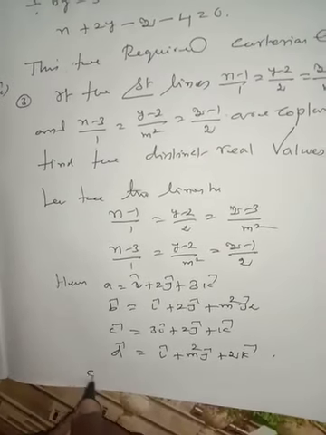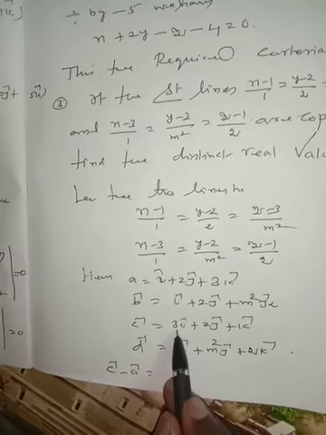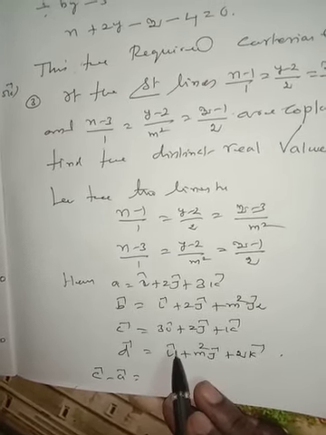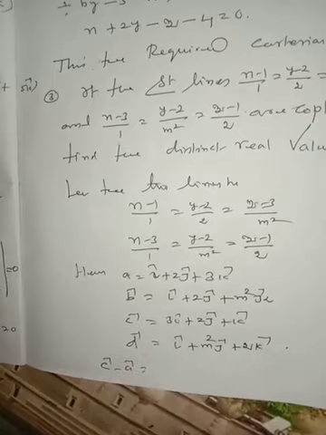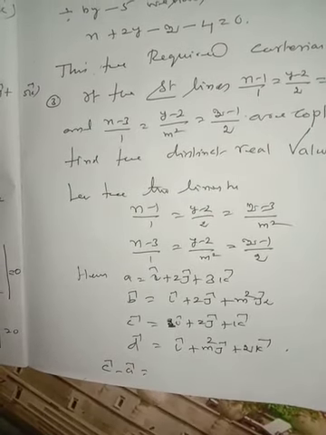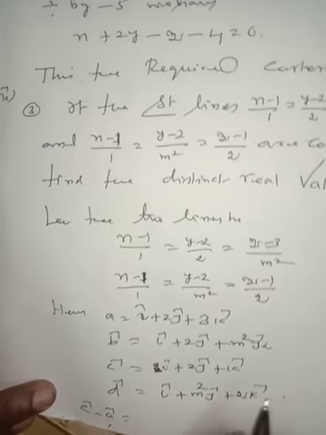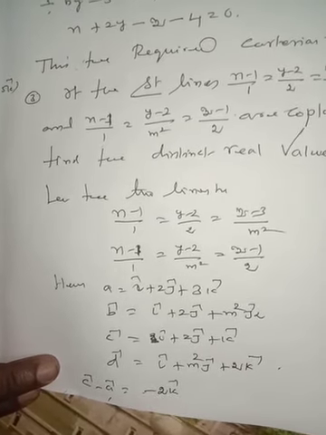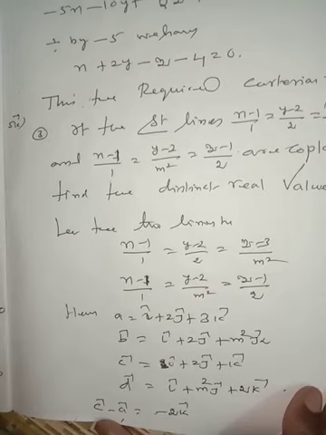Now first, find c vector minus a vector. 3 minus 1 is 2, wait: taking the components, 1 minus 1 is 0, 2 minus 2 is 0, 1 minus 3 is minus 2. So c vector minus a vector is 0i vector plus 0j vector minus 2k vector.